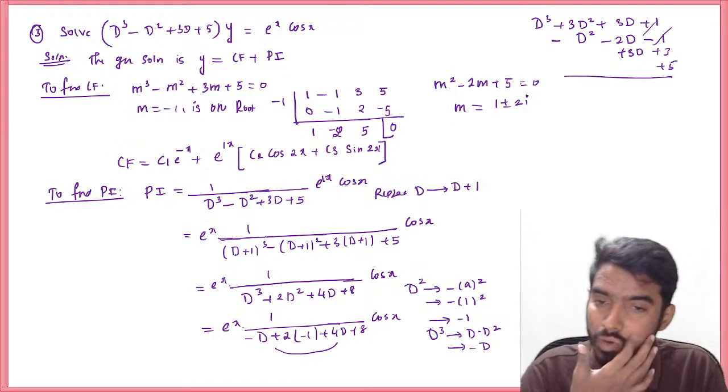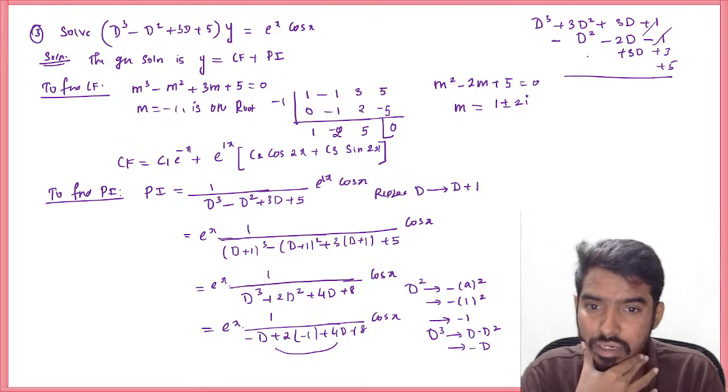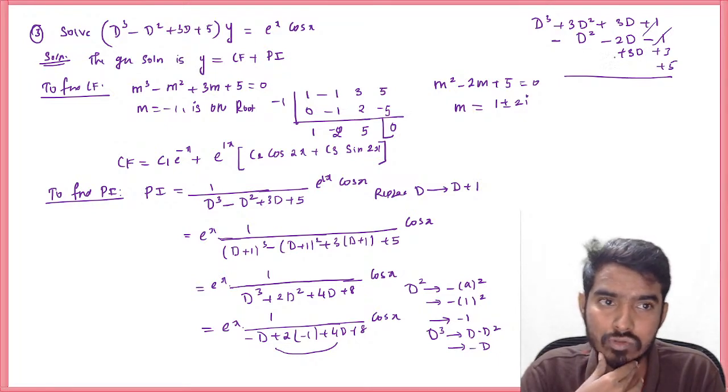So a plus b whole cube. So we have a cube plus 3 a square b plus 3 a into b square plus b cube, and minus a square, okay, 3d plus 3, and we have 5. So d cube plus 2d square.